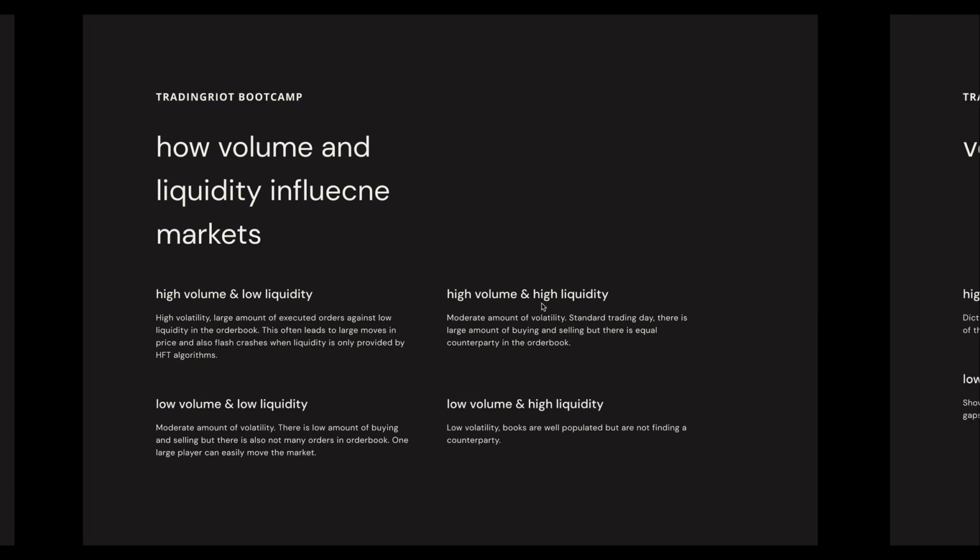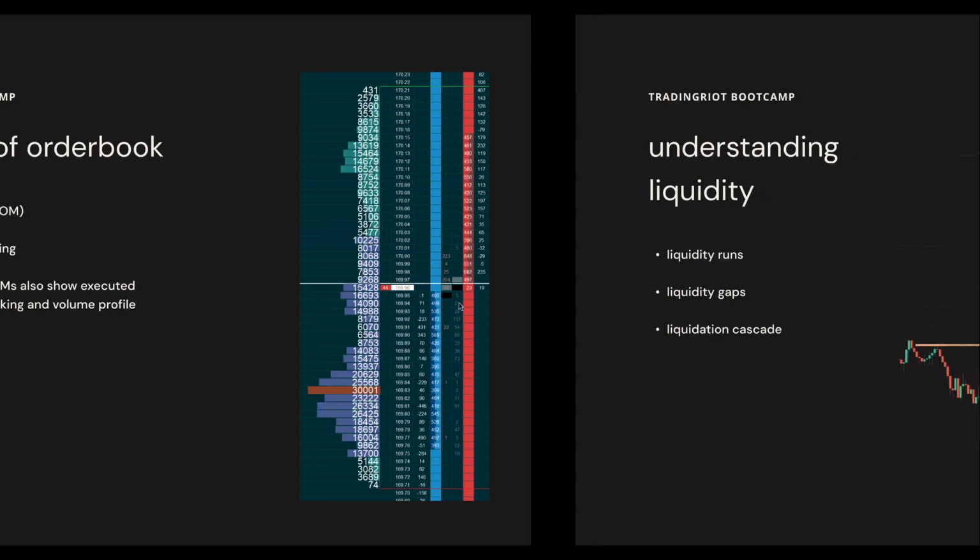High volume and high liquidity, and low volume and low liquidity, are signals of a moderate amount of volatility. This is basically an equal situation, pretty much like markets such as bonds, even though these are a little bit slower.